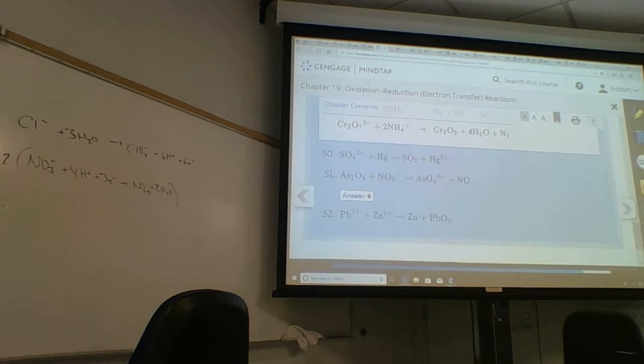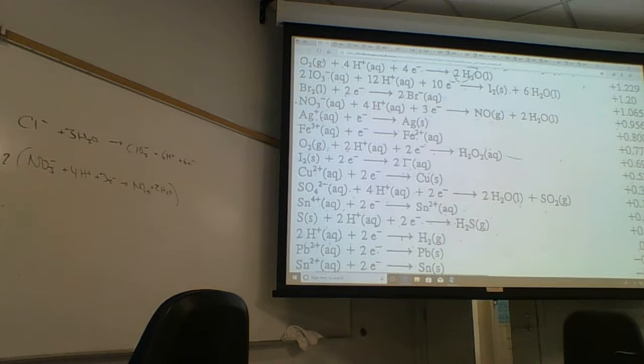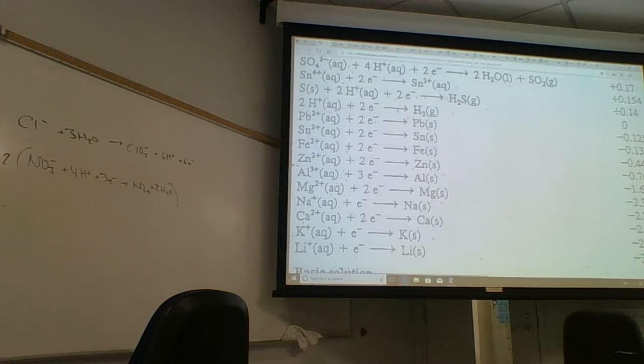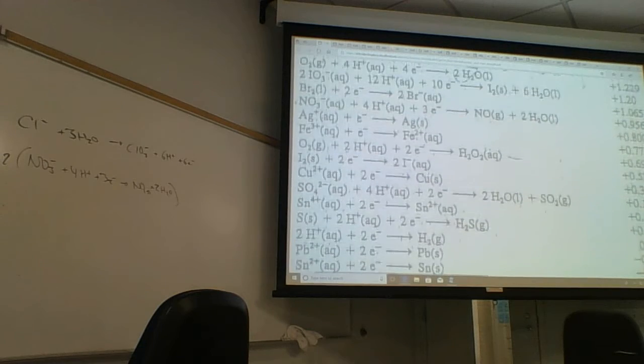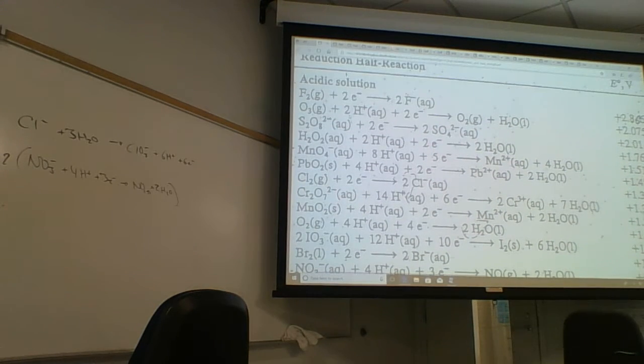Mercury goes to mercury 2. Is that on the chart? It is not on the chart. So we'll have to balance them. It's easy to balance them.